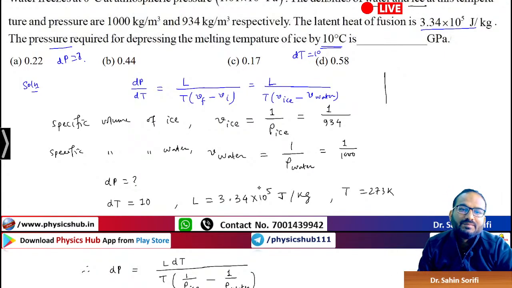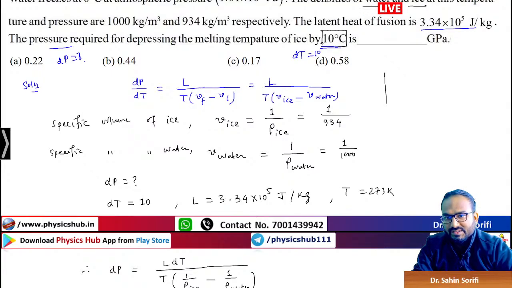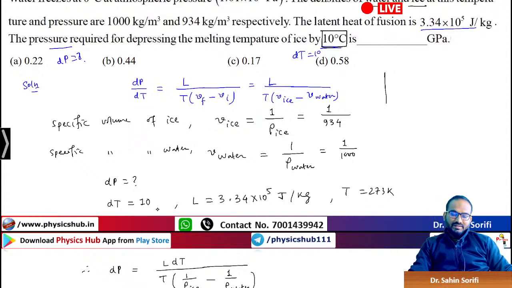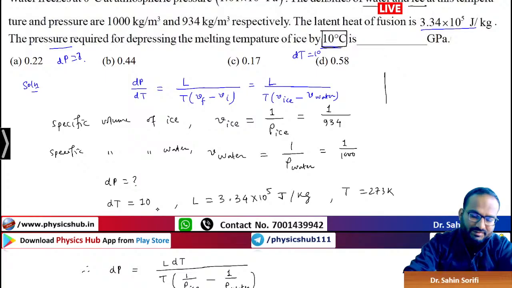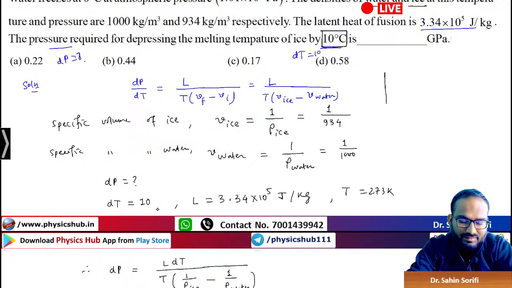Because the question says depressing the melting temperature of ice by 10 degrees centigrade, but we have taken 10. Is it correct or is it wrong? What is your opinion? Tell me quickly. Vantage, you also say. What logic? Whatever I have done is correct. Now you say.